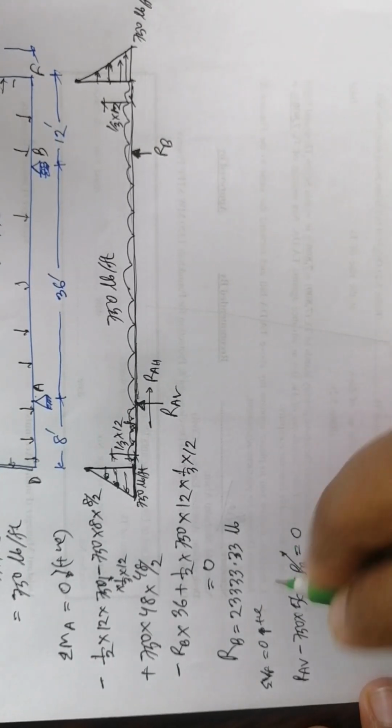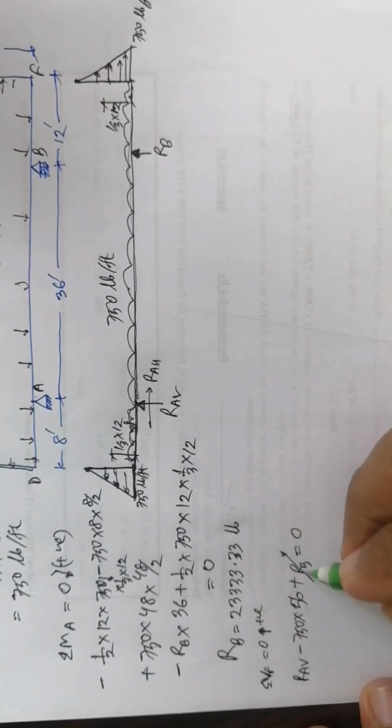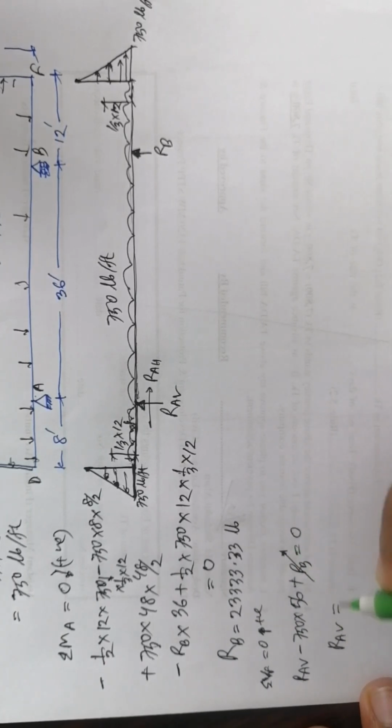Placing RB, we get RAV as 18666.67 pound.